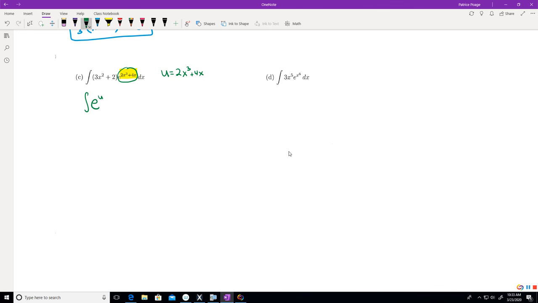Again, don't put e to the u times 3x squared plus 2 dx. You don't mix your x's and u's. What I need to do is I need something that will help me replace 3x squared plus 2 dx exactly. So I'm going to take the derivative of my u, and I get 1 du equals 6x squared plus 4 dx.